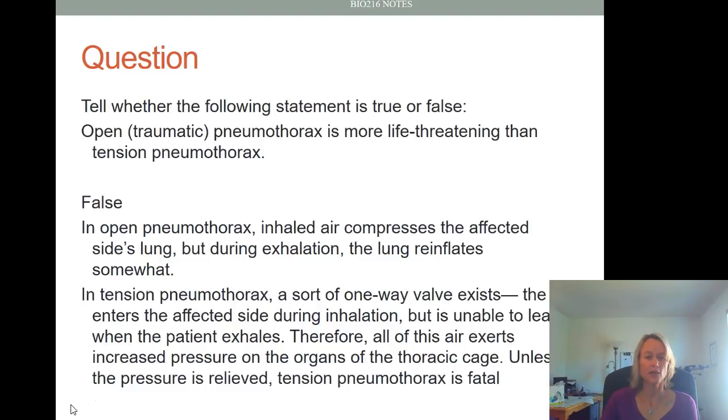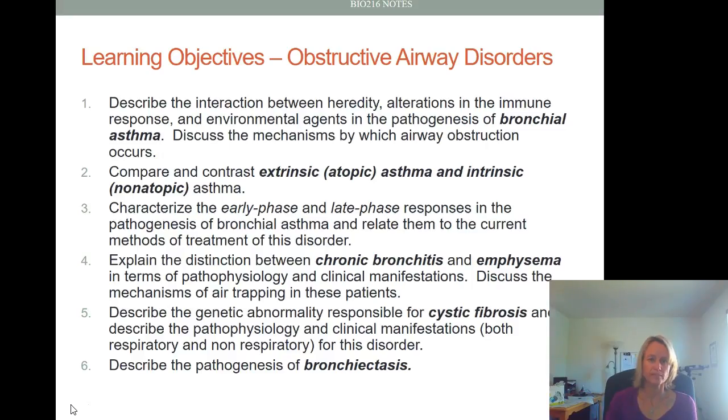With a tension pneumothorax, we get a one-way valve. The air enters the affected side during inhalation, but is unable to leave with exhalation. Therefore, we get increased pressure within the thoracic cavity, and unless that's relieved, this can be fatal.